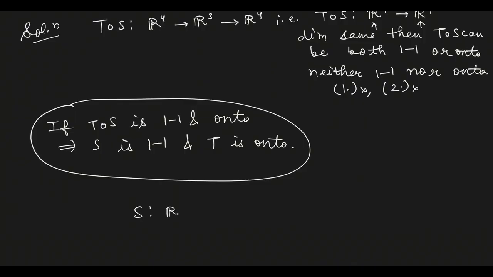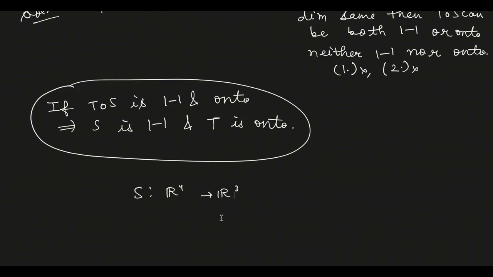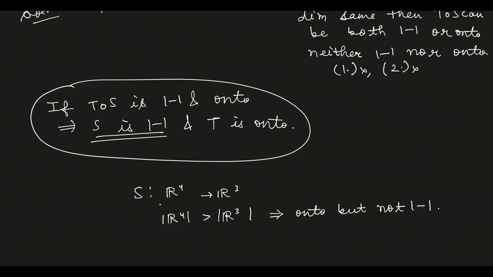R4 to R3. Do you remember, if the cardinality of domain is greater than the cardinality of codomain, then it can be onto, but not 1 1. It cannot be both. So this will contradict that S is 1 1. This is not a possibility.